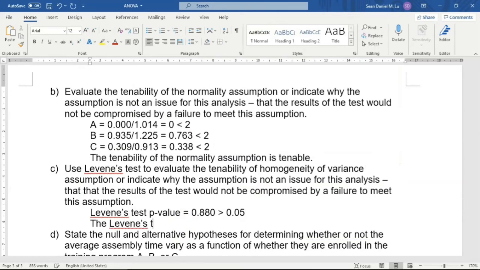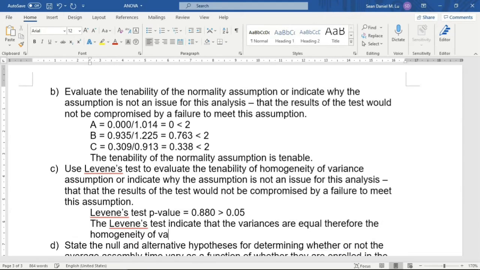Levene's test indicates that the variances are equal. Therefore, the homogeneity of variance assumption is tenable.